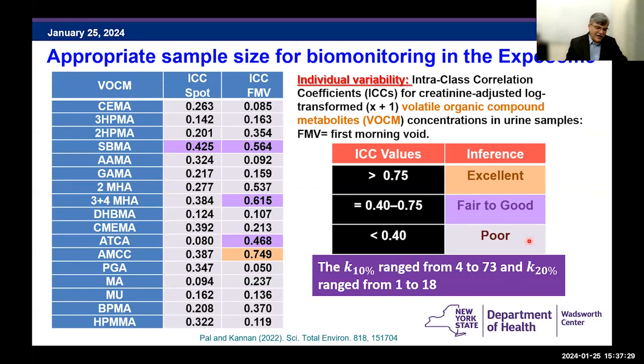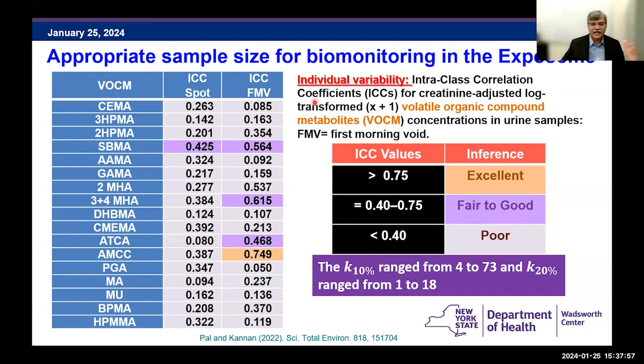So I'm going to spend some time, maybe the next 10 minutes, talking about how this exposure information can be used in the exposome, right? How biomonitoring can be used in the exposome. So this is a study: are we using appropriate sample size for biomonitoring that can be used in the exposome?